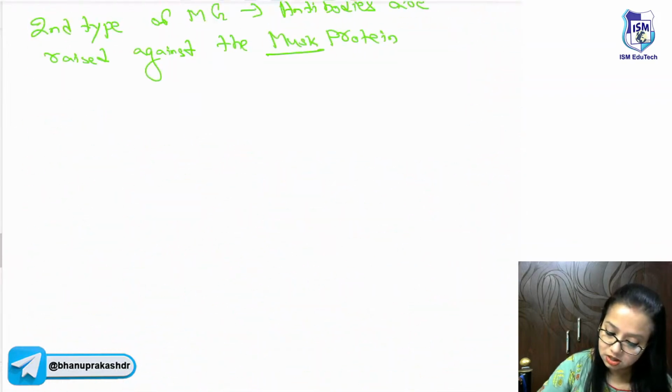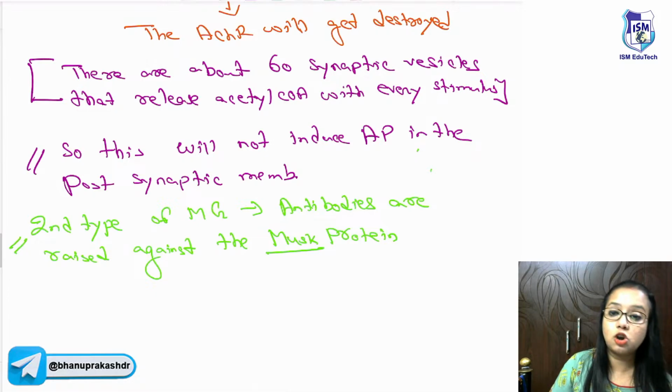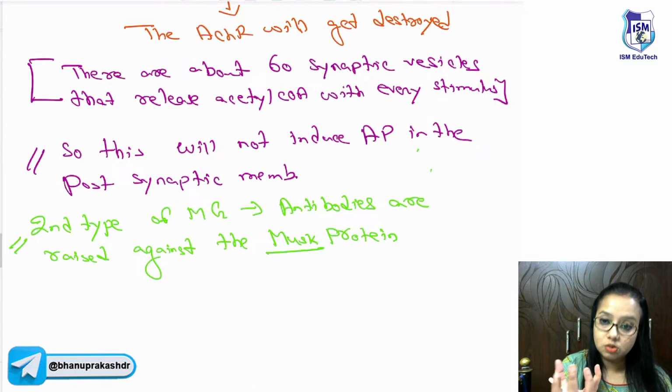So in absence of the MuSK protein, the acetylcholine receptor will not be able to hold or get bound to the acetylcholine.